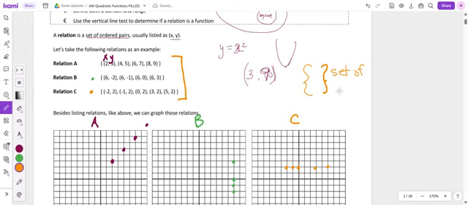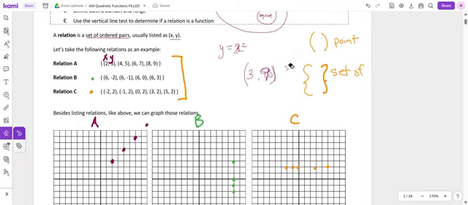They are related. They are together. These type of brackets we use for a point. So the different kinds of brackets communicate some information to us.